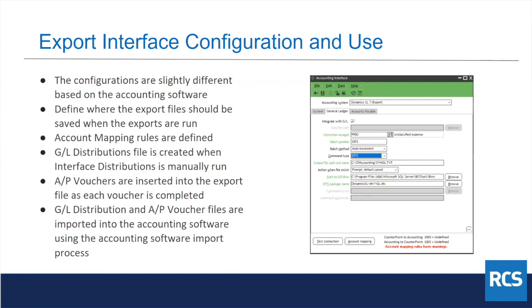And again, we can map accounts from one account in Counterpoint to a different account in your accounting system. Like I said, the files are created and then we import those files into your accounting system.